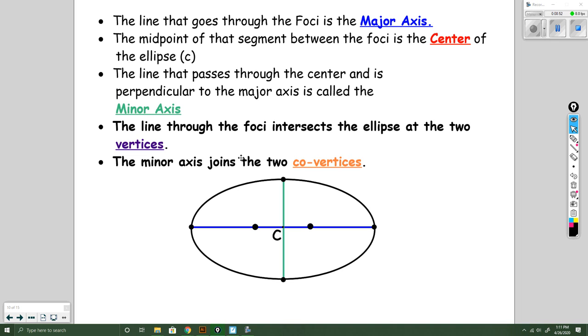The minor axis joins the 2 co-vertices, is what we might call them, whereas the major axis joins two of the vertices. Right, and we're going to use these 4 points as well as the center to draw our ellipse.